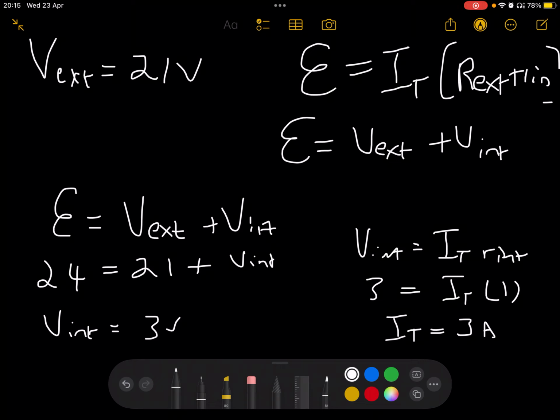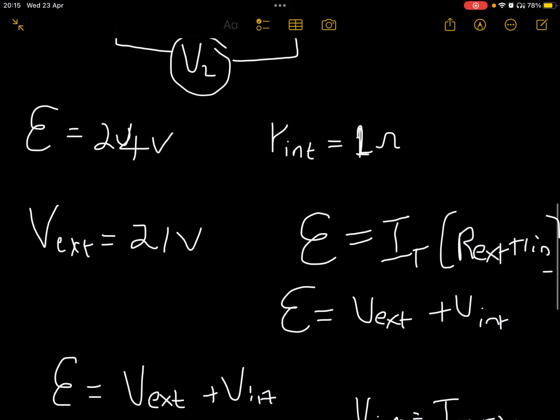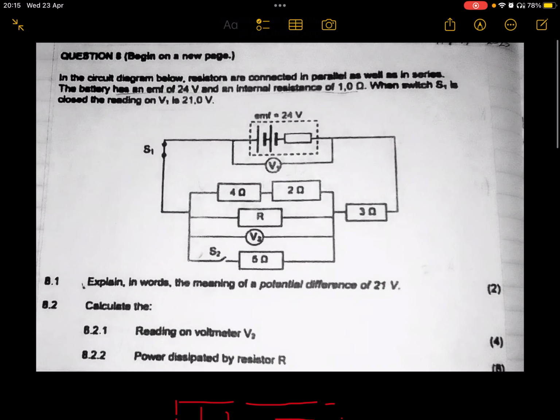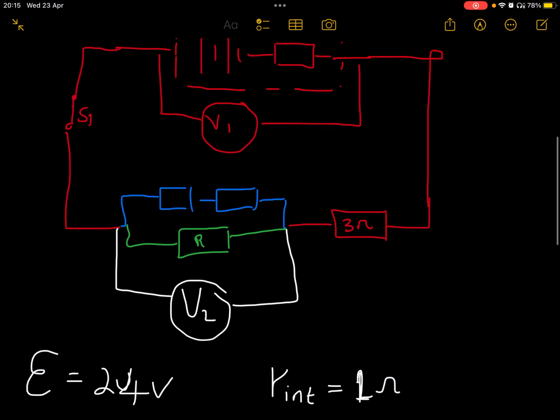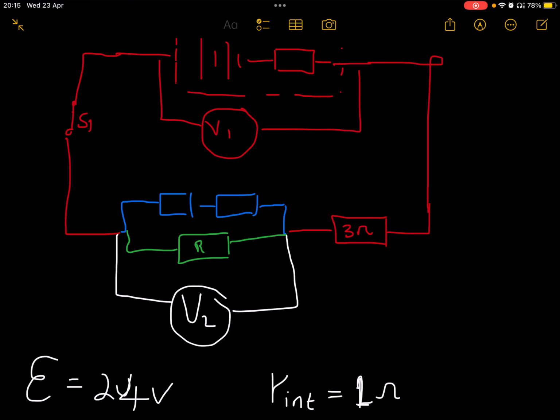So to go back to our first question in calculations, it says calculate the reading in V2. Now V2 measures the voltage across the blue resistors and the green resistor, which is resistor R and the two resistors with 4 and 2 ohms.